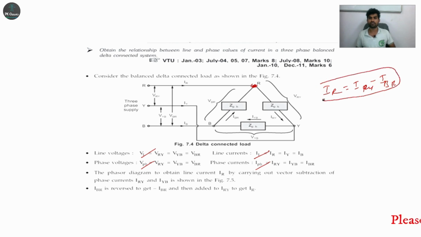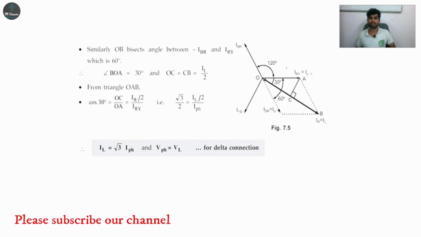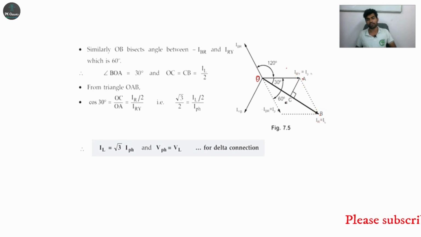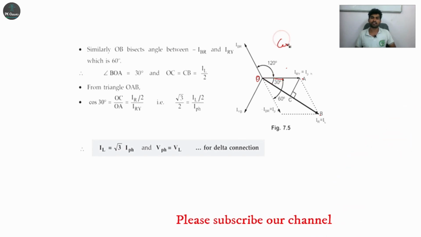So you draw the vector diagram for this one. The vector diagram is like this, right? Draw one perpendicular line from the midpoint I have taken, OAB. So I have drawn one perpendicular line. So you'll get one triangle, right? So cos 30 is what? Adjacent by hypotenuse, right?